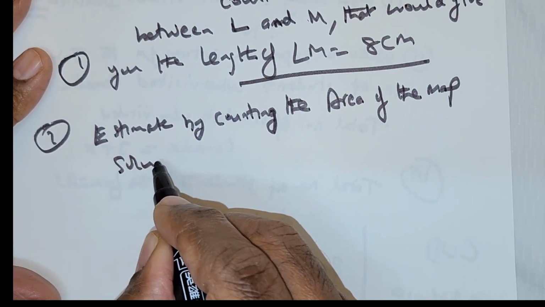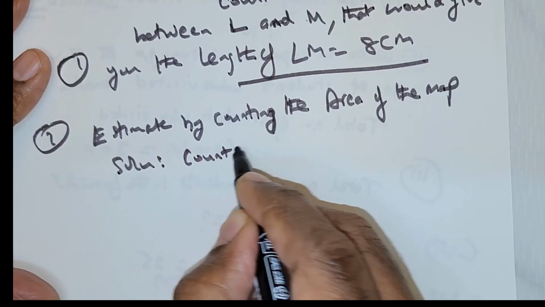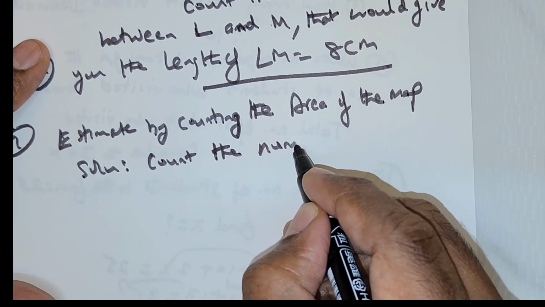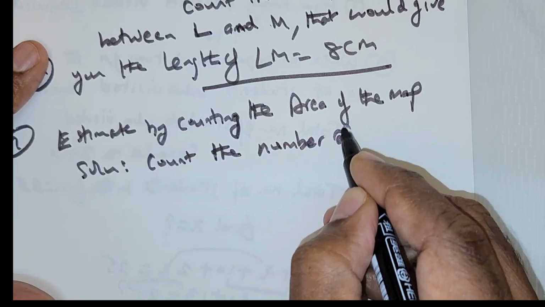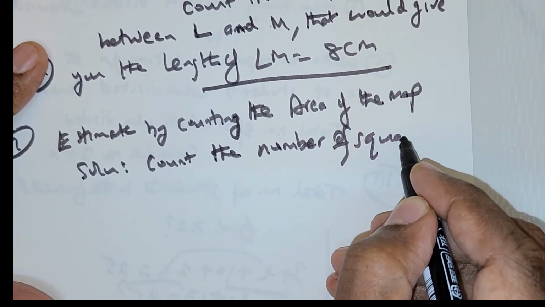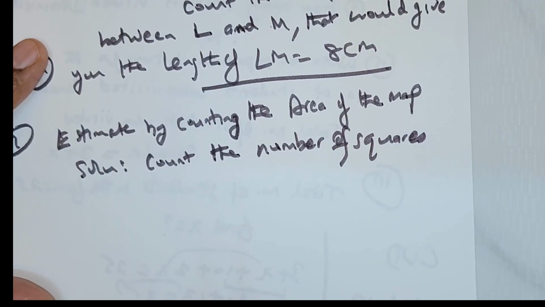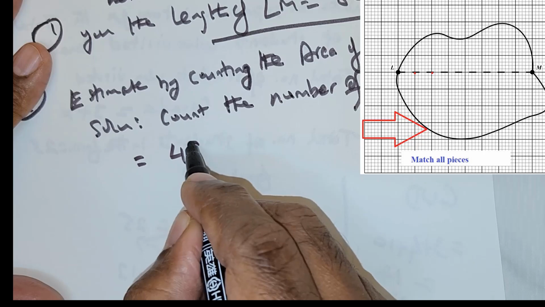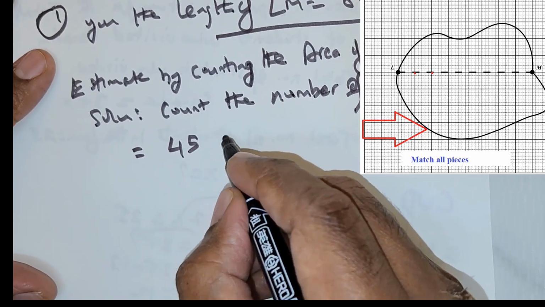You're expected to count the number of squares. So the solution is going to be count the number of squares. If you were to count, you will find that there are 45 squares.